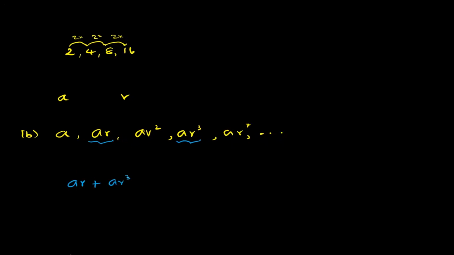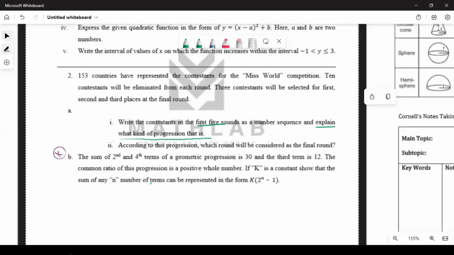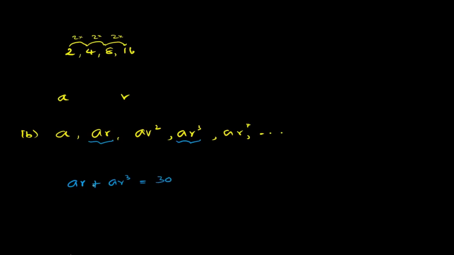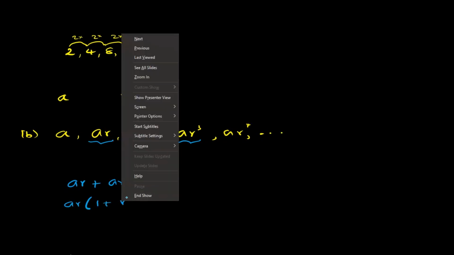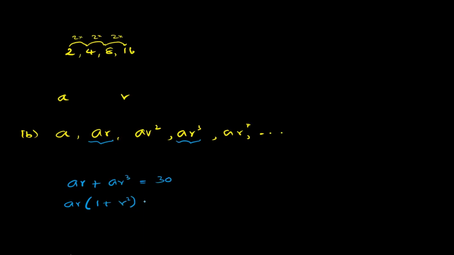The sum of the second and fourth terms equals 30. From AR and AR cube, I can take AR as a common factor. If I take AR outside, 1 plus R square remains inside the bracket. This equals 30.